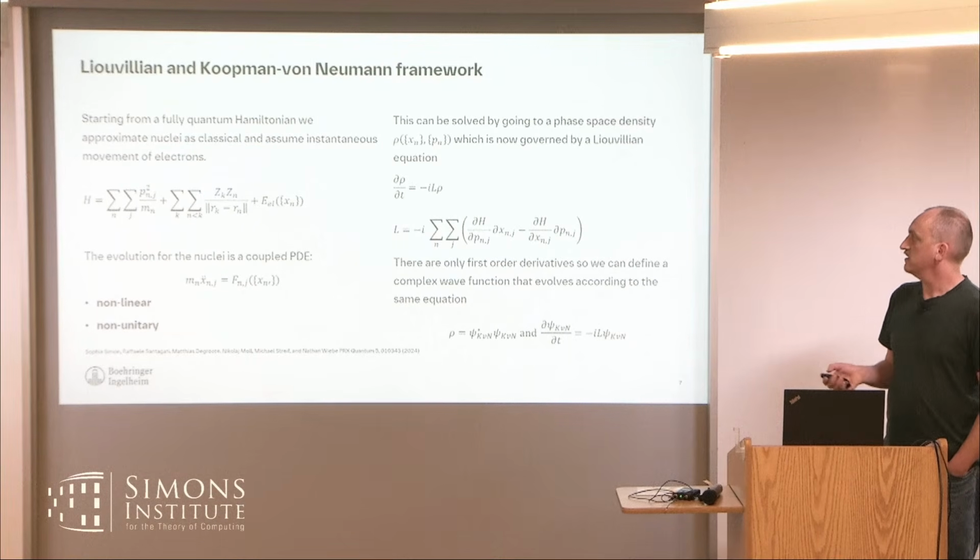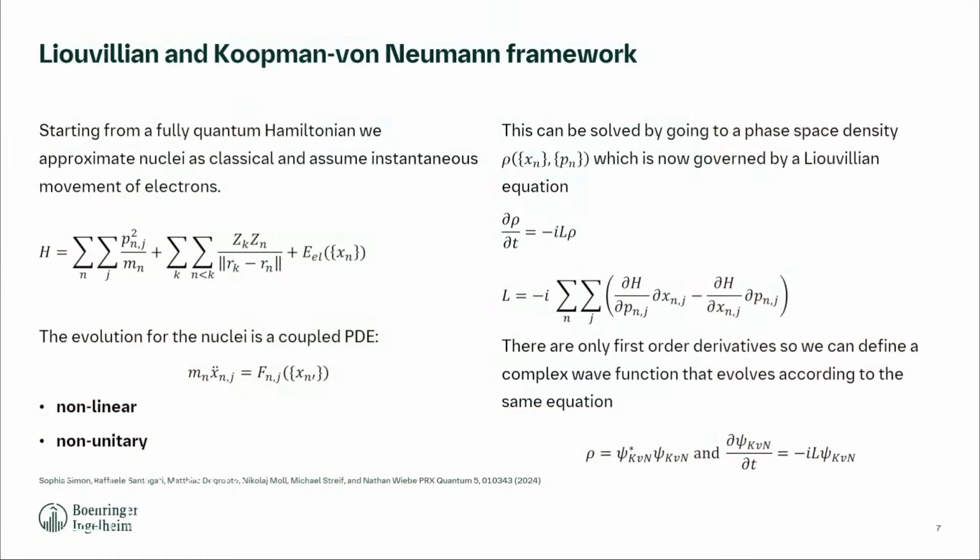as Liouvillian evolution. So to do that, instead of only taking into account positions, you now have to have a density over the whole phase space, so positions and momenta. And then this Liouvillian here determines the dynamics of this system. And this already looks quite a lot like a Schrödinger equation.